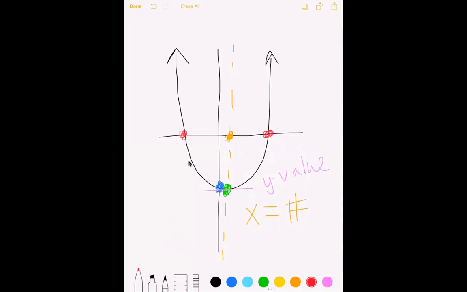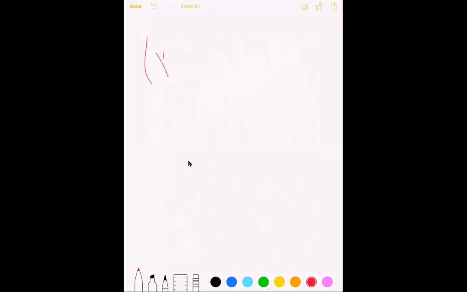These right here, your x-intercepts, are always going to be a number, comma, 0. And when you take them from factors, so let's say I gave you the equation x minus 4 and x plus 6.